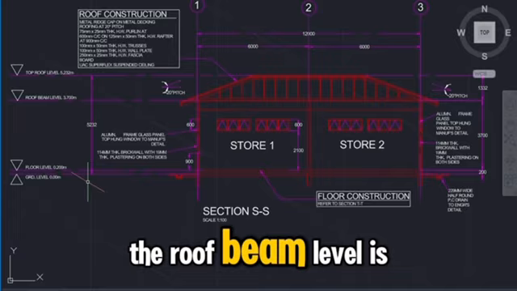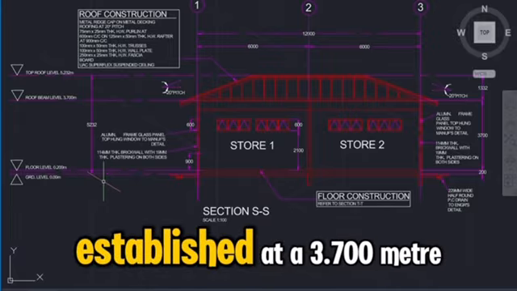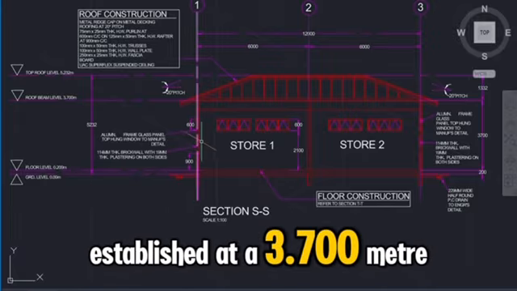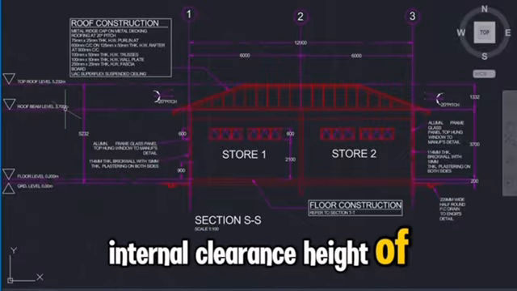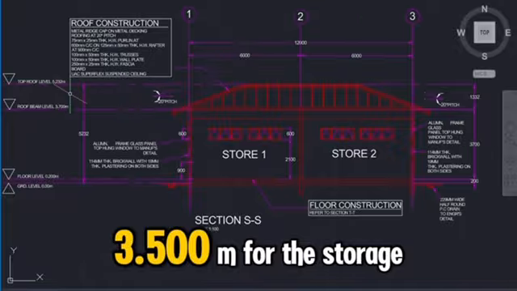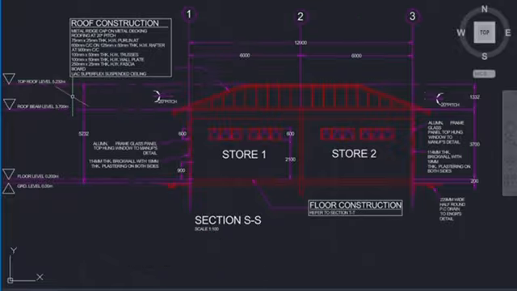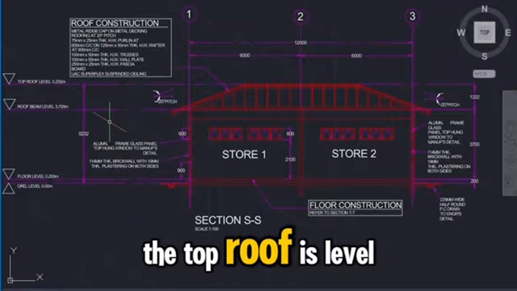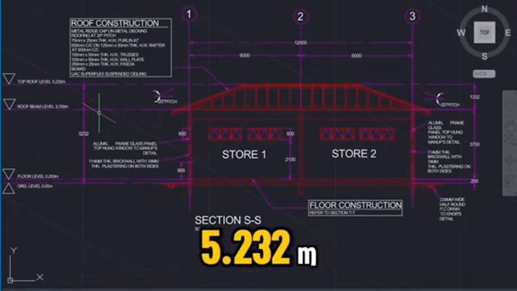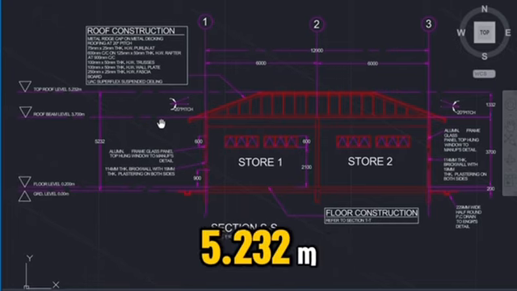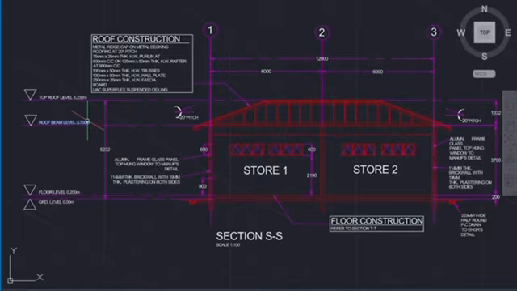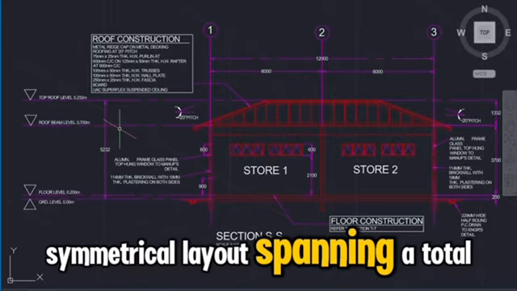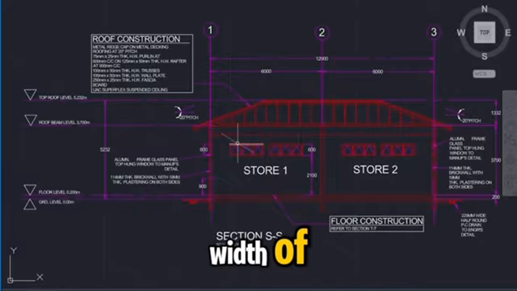The roof beam level is established at 3.700 meter, providing a clear internal clearance height of 3.500 meter for the storage, and the total height from the top roof level is 5.232 meter.